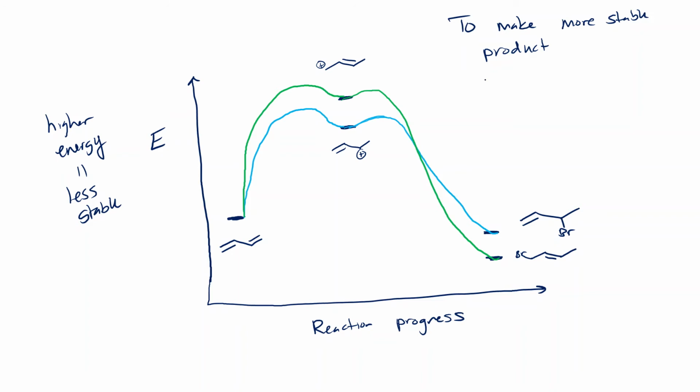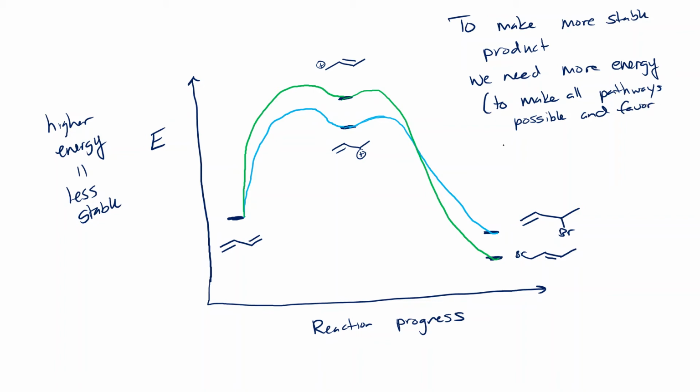So to make the more stable product, we need more energy, right? The more energy we have, the more all the pathways are possible, and we favor the most stable outcome.